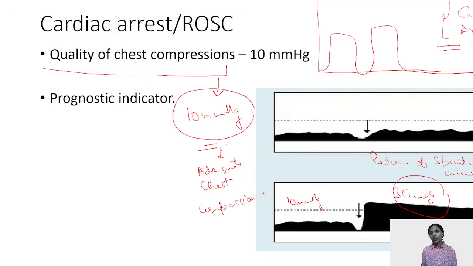I repeat, it tells us about the prognostication of the quality of chest compressions, and the minimum amount of EtCO2 that has to be shown on the monitor is 10 millimeters of mercury, and if suddenly the EtCO2 rises to 35 millimeters of mercury, we can be sure that it is the return of spontaneous circulation.